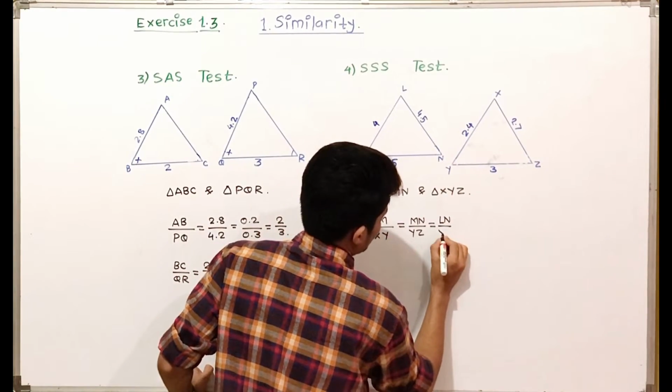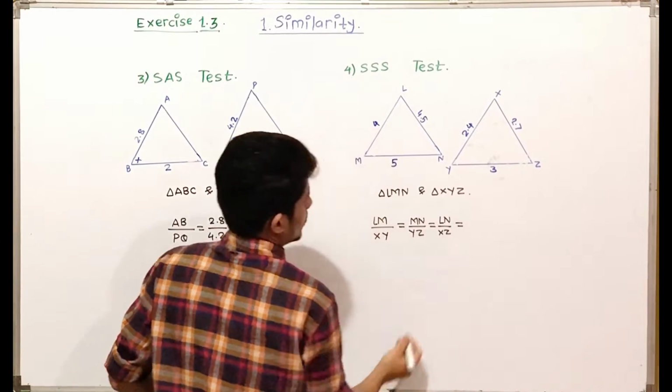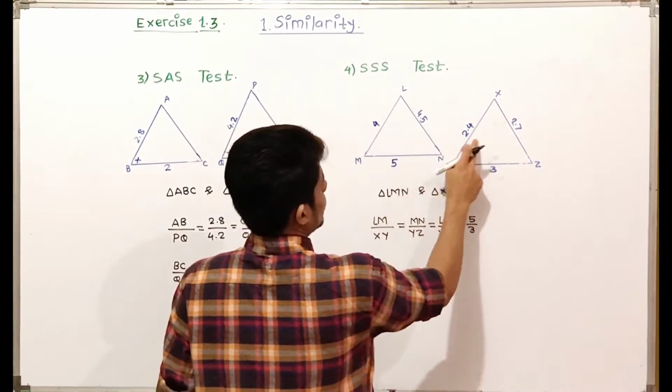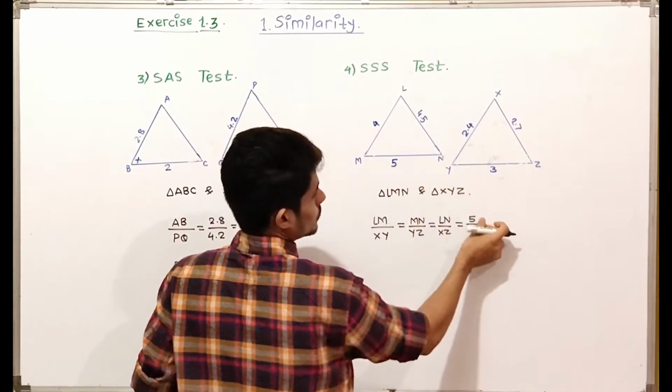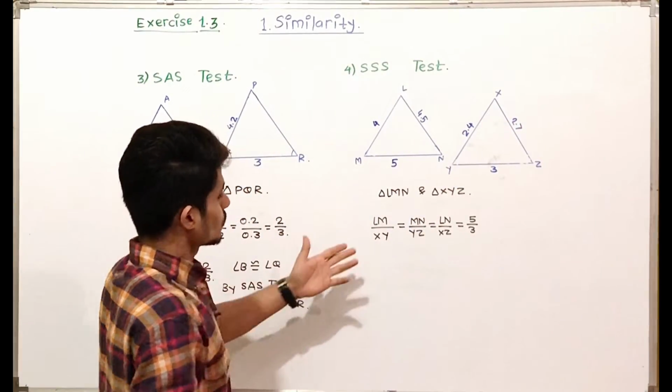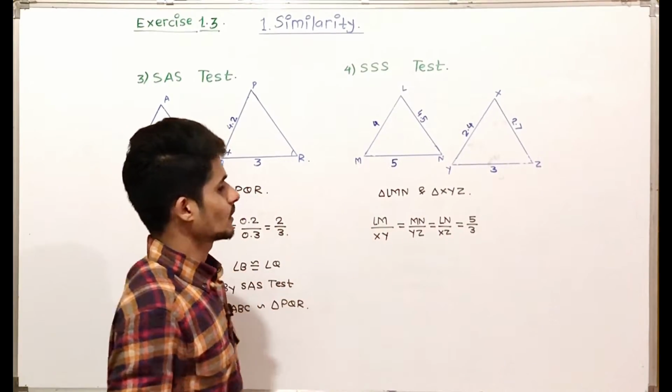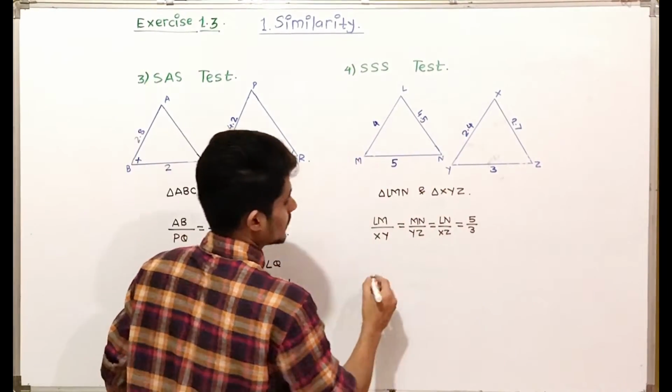LN upon XZ will be equal to 5 by 3. If you divide this, it will be equal to 5 by 3. So if three sides are proportional to the three corresponding sides, then the triangles will be similar.